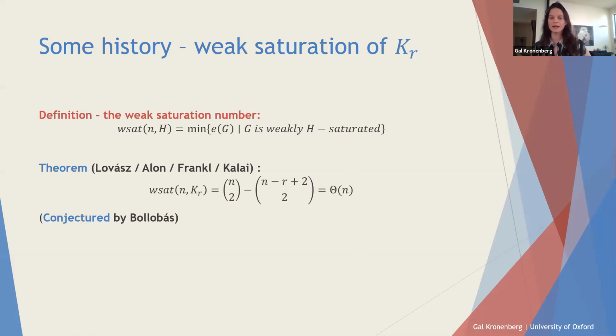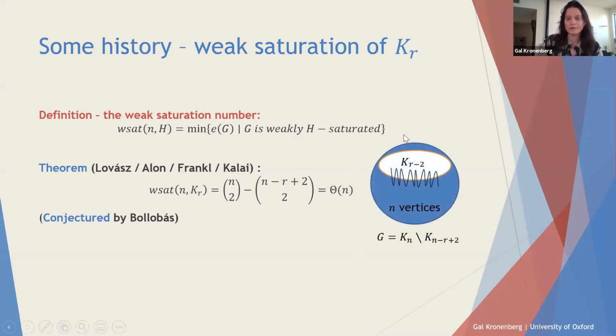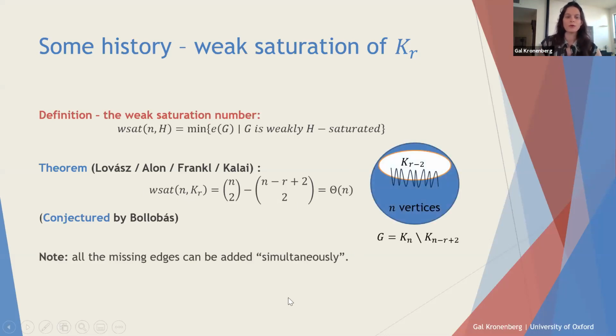So the ordering didn't take part here. I could order it however I wanted. If I look at it as a process, I could actually add all of the missing edges in only one step. So I didn't need the ordering in this case. We could add all of these missing edges simultaneously.